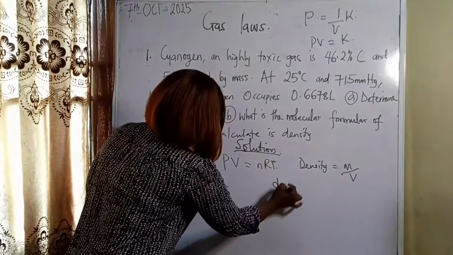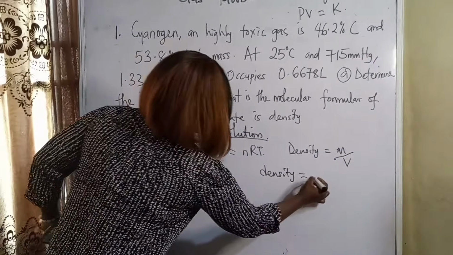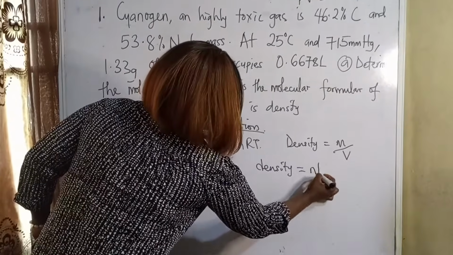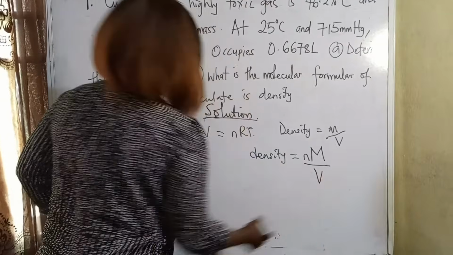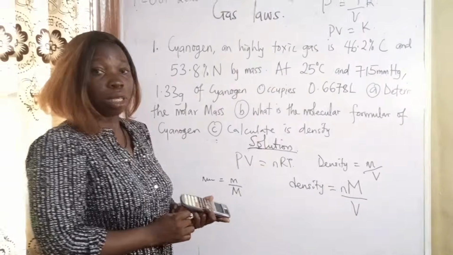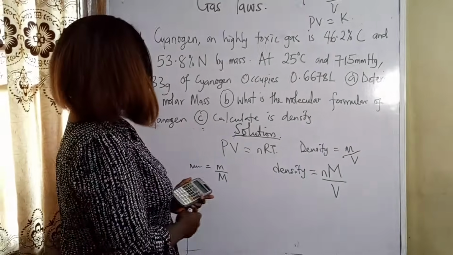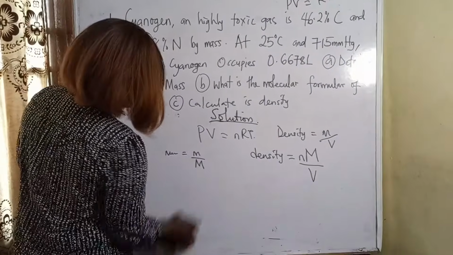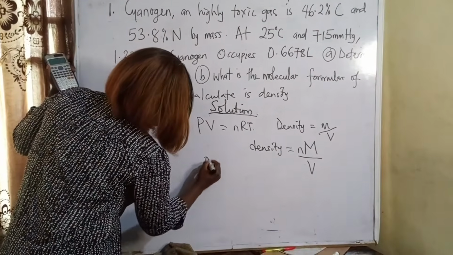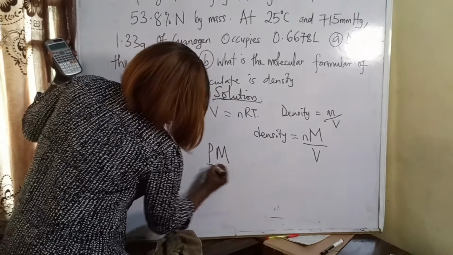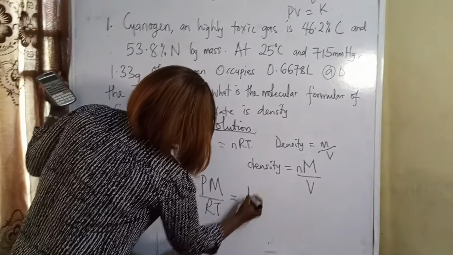Therefore, your density will be equal to number of moles times your molar mass all over V. So that is what? Density. Now, in this, you can relate it as PM over RT equals density.